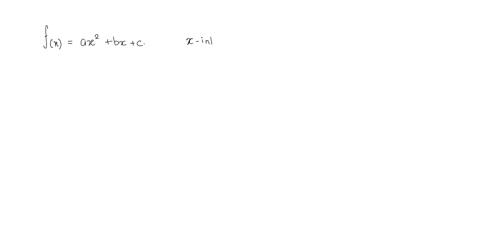x-intercept, let's say we have a quadratic function that follows this shape, which we call a parabolic shape, with two x-intercepts, one here, one here. If I say this is (a, 0) and this is (b, 0), we can find these a and b using a simple substitution of f(x) equal to 0.